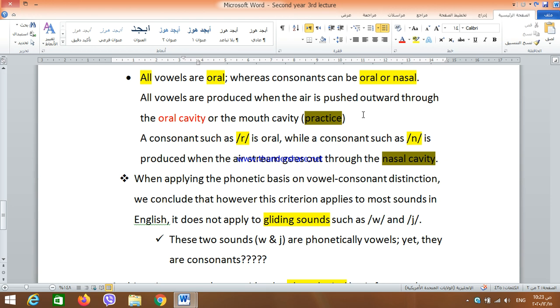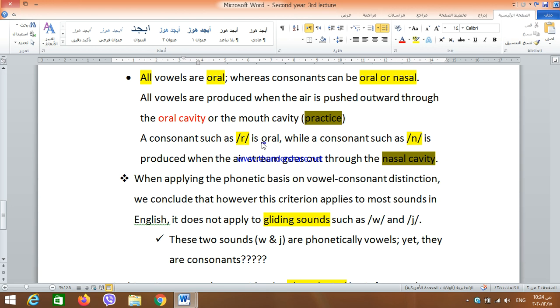While in consonants, we may have consonants that are oral and others which are nasal. And if you remember, we discussed this point when we talked about the role of the soft palate in deciding whether the sound is nasal or oral. Let's take an example. A consonant such as ra is an oral consonant. Why?